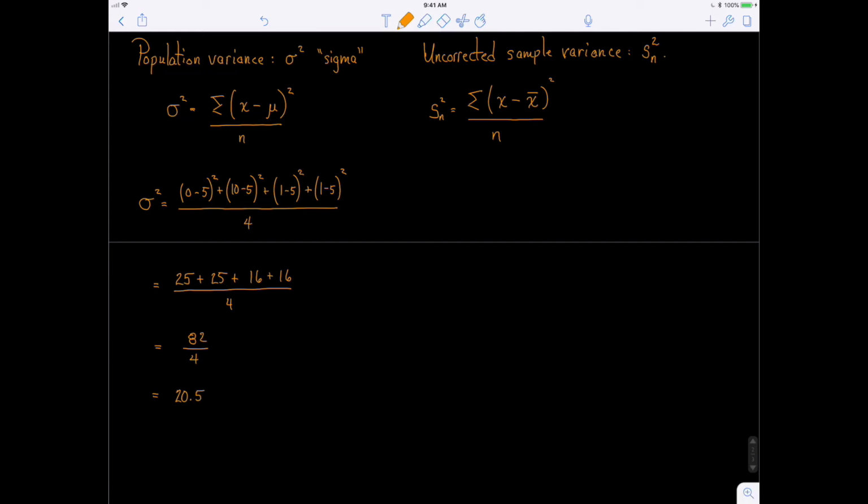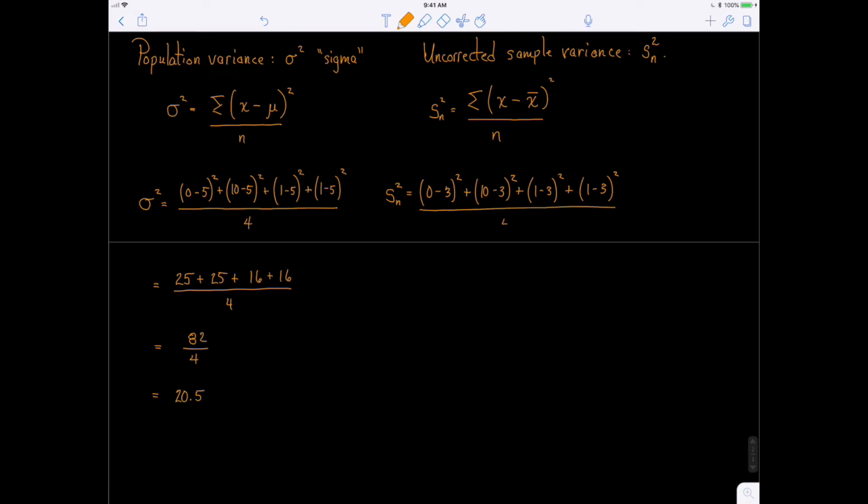20.5. Now let's do this side by side here, but now let's do it for Sn squared, the uncorrected sample variance. So again, we have a 0, but this time we're using x bar, which is 3 squared. Plus, we have another 10 minus 3 squared plus 1 minus 3 squared plus 1 minus 3 squared.